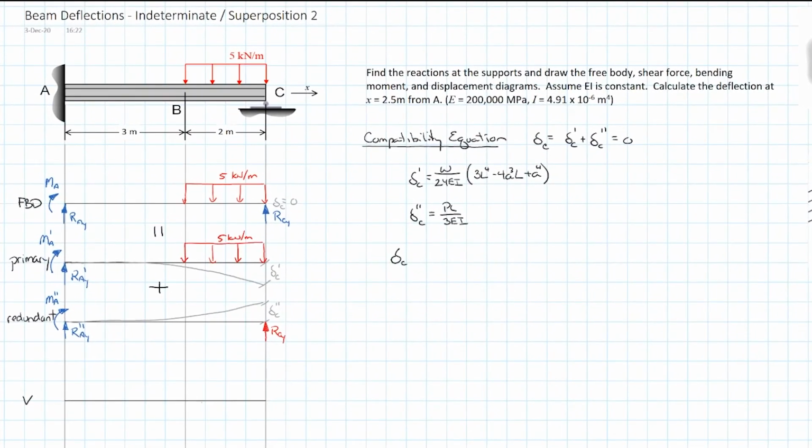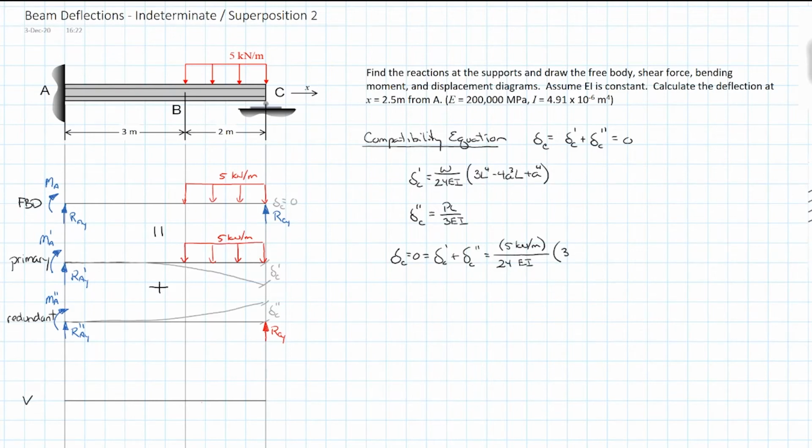So displacement at C is equal to 0, which is equal to delta C prime plus delta C double prime, which is equal to, and I'm going to substitute in our values here. So that's 5 kilonewtons per meter divided by 24 EI. I'm not going to bother to substitute in for EI because they'll cancel out in this instance.